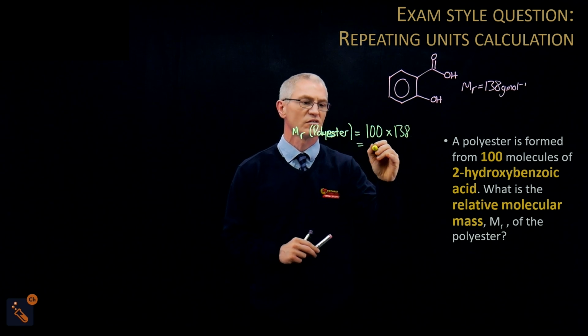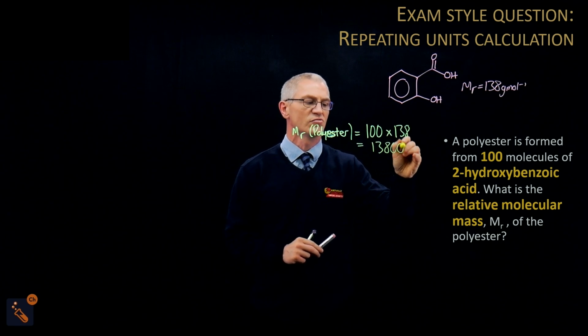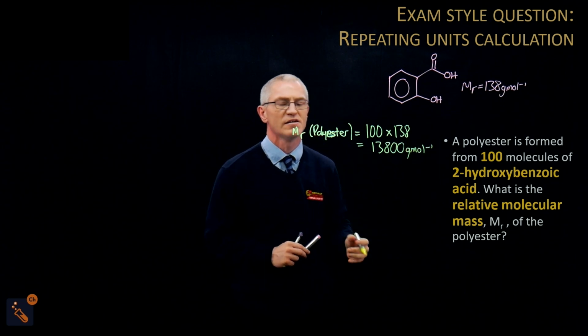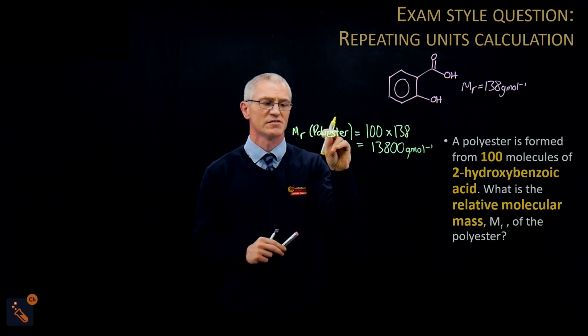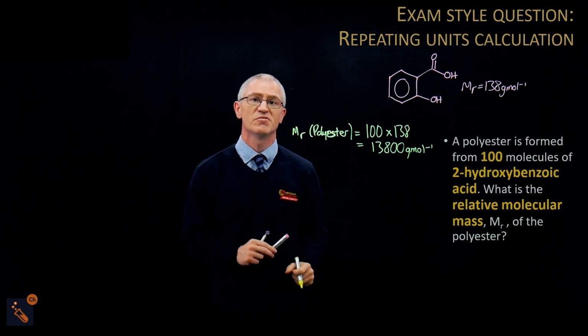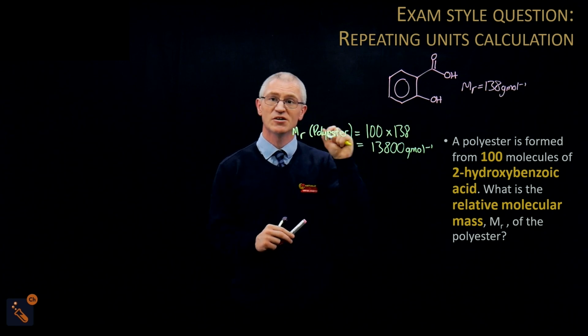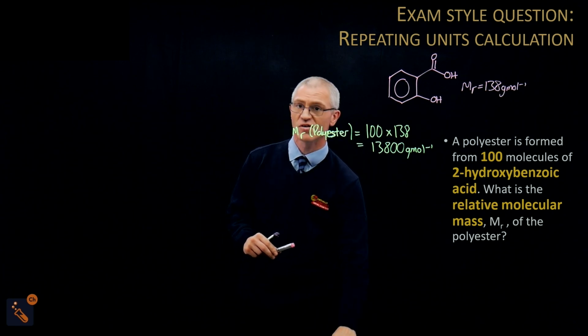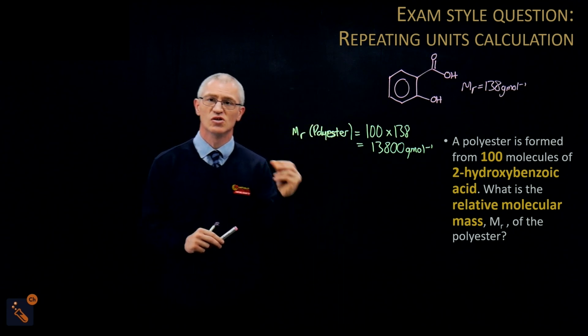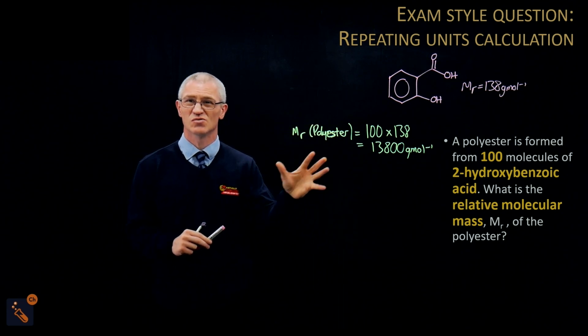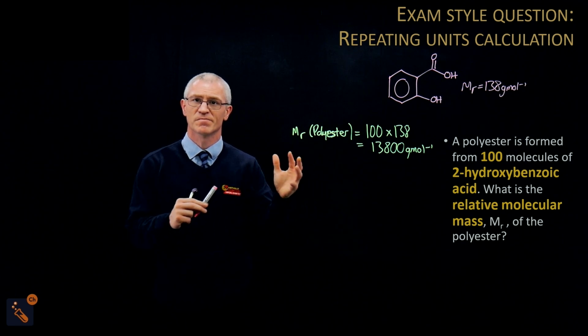And that equals 13,800, so 13,800 grams per mole. Now that tells us the mass of all of the molecules. But we know for every 2 molecules we're going to lose a water. Okay?